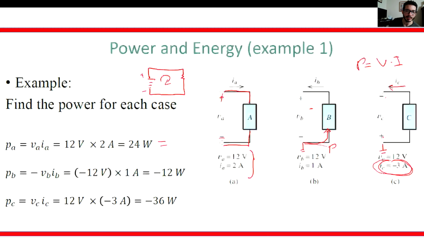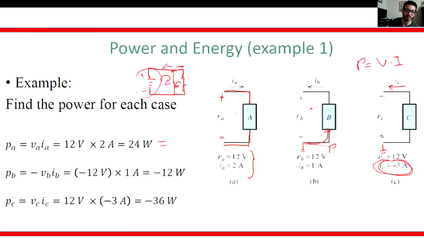This is going to be very useful to get familiar with, because when we start having circuits with branches and other sources of power, then you might have currents going the opposite direction. In that case we have to say, this current is going to the right, but this current is going to the left. So which one is positive and which one is negative? As long as you follow a convention, you'll be okay.